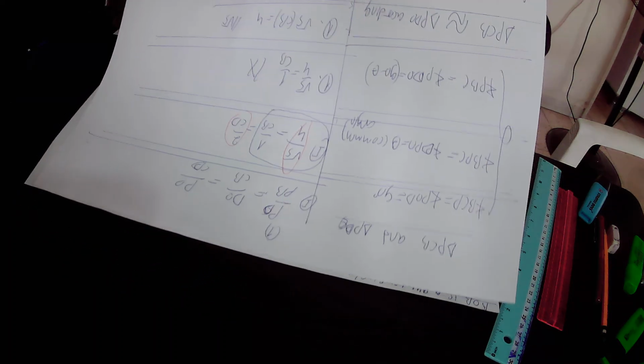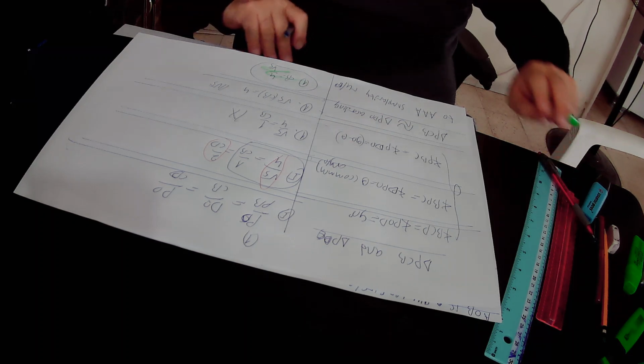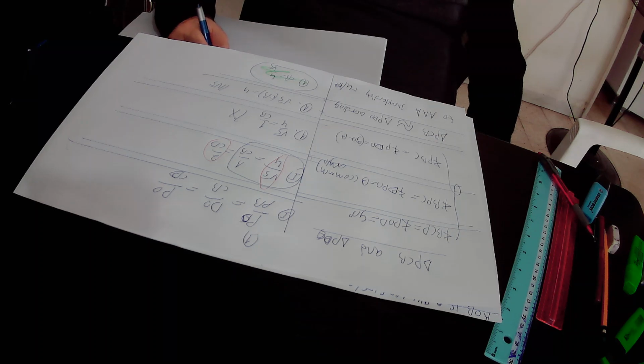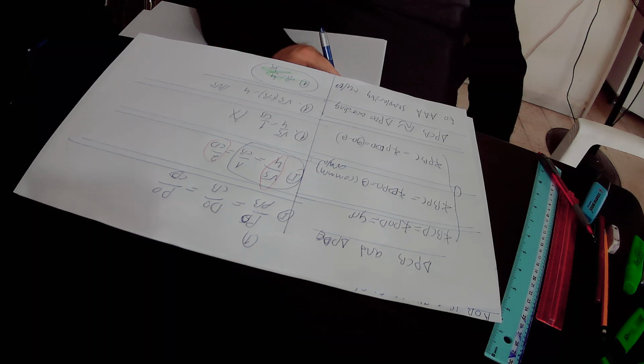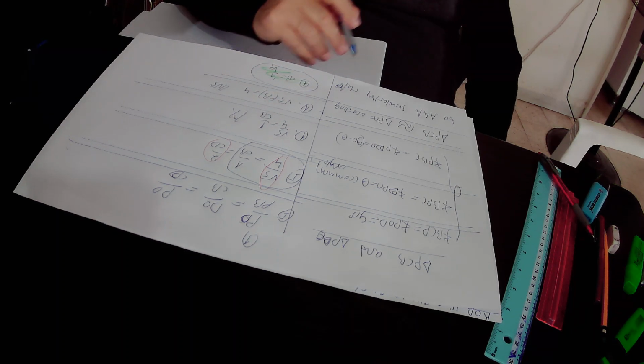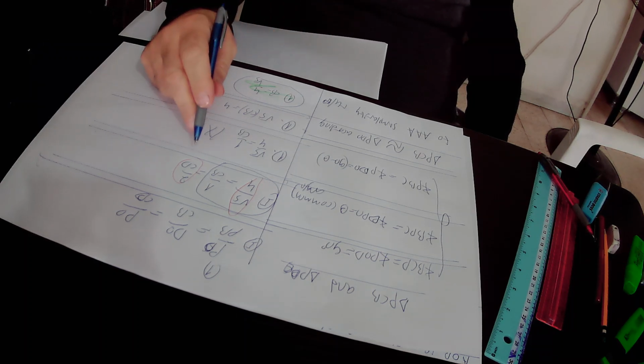So according to equation 2, we get that the square root of 5 over 4 equals 2 over CD.